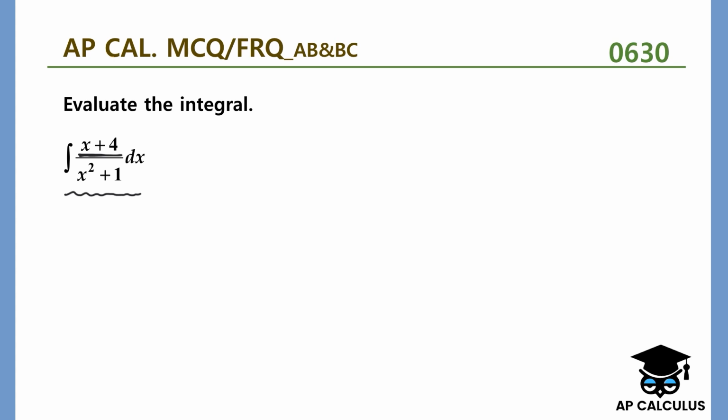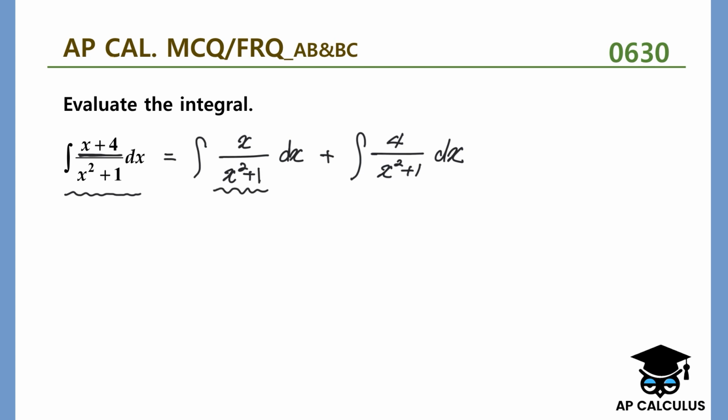So we're going to separate this fraction right here as integral x over x squared plus 1 dx plus integral 4 over x squared plus 1 dx. Now what we can do is we can find the antiderivative of this expression and antiderivative of this expression separately. Alright? Okay, let's do that.